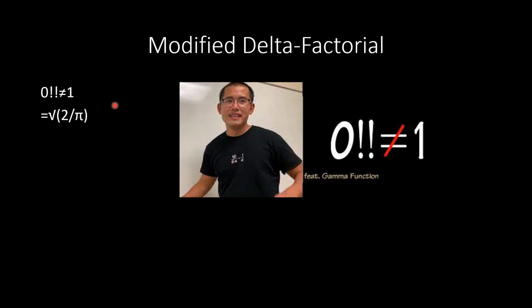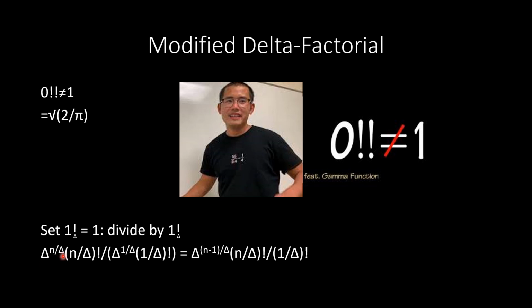So, how could we get this? Well, we can get this through the modified delta factorial. The modified delta factorial sets, instead of 0 delta factorial being 1, we'll set 1 delta factorial to be 1. And to do so, all we have to do is divide by 1 delta factorial for the delta factorial function. Doing so, you have delta to n over delta times n over delta factorial divided by delta to 1 over delta times 1 over delta factorial.